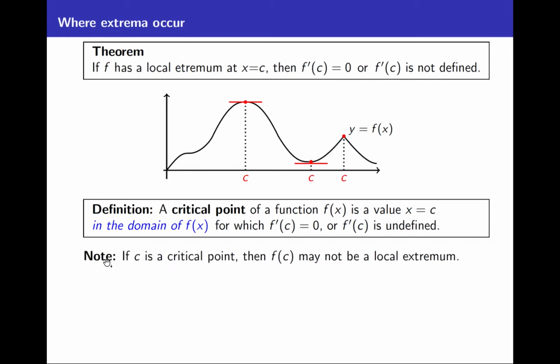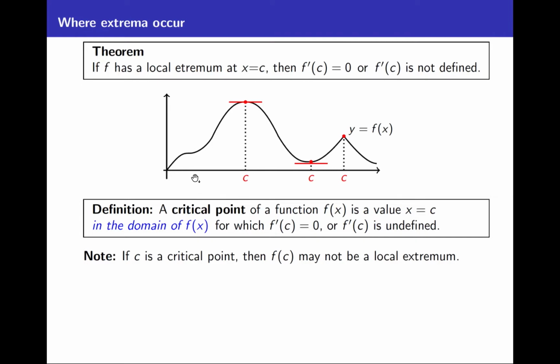It's important to note that according to our theorem, if we've got a local maximum or a local minimum, it's going to occur at a critical point c. But conversely, if c is a critical point, then f of c may not be a local extremum.